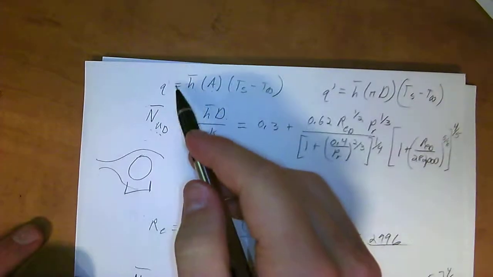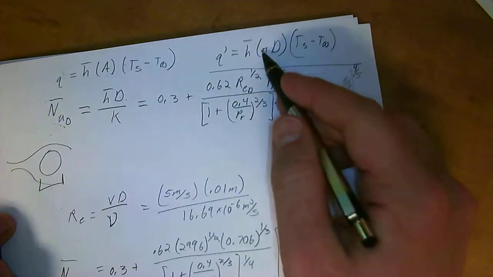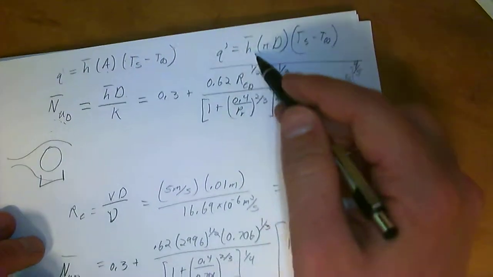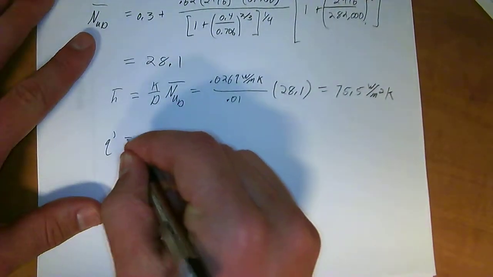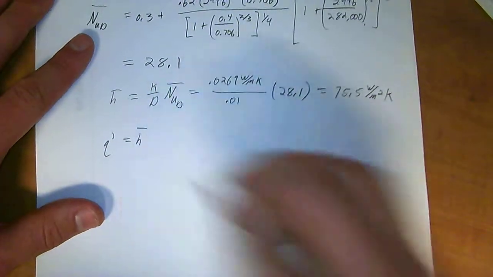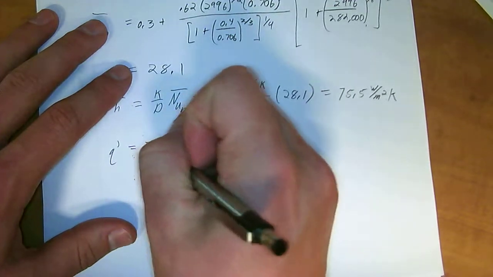And now we're trying to find the heat flux per unit length using this equation right here. We have D, we have pi, we have T of surface, and we just found our h bar. Actually, I'm not going to write out the equation, you just saw the equation.